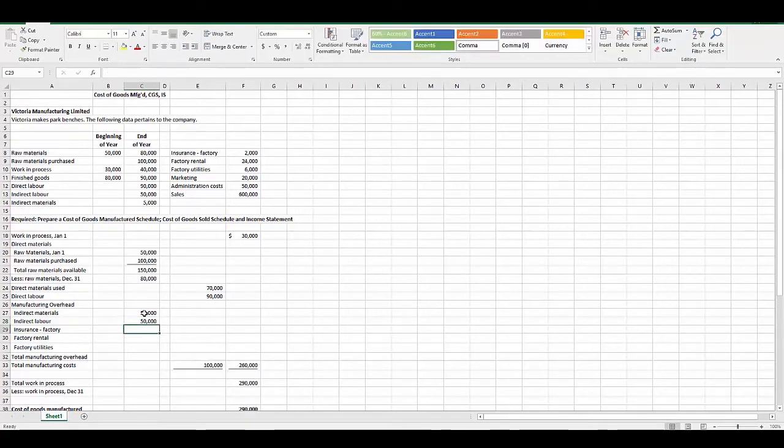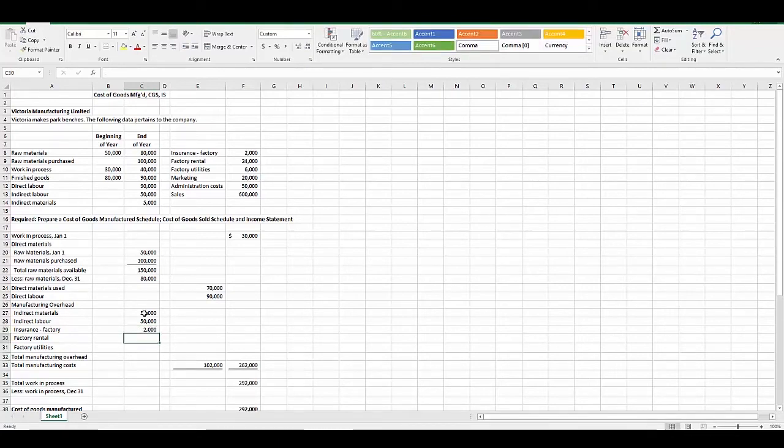The next category is insurance. So you have to have insurance on your factory. So in this particular company, they're renting their facility, so they don't have to insure the actual factory. What they're really insuring is the content, so all of the machinery that they have inside of that building. So we're told that our insurance for the factory is $2,000, so we'll enter in $2,000.